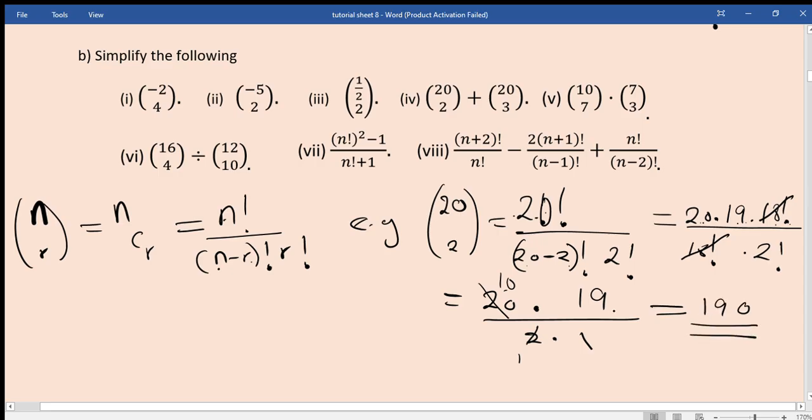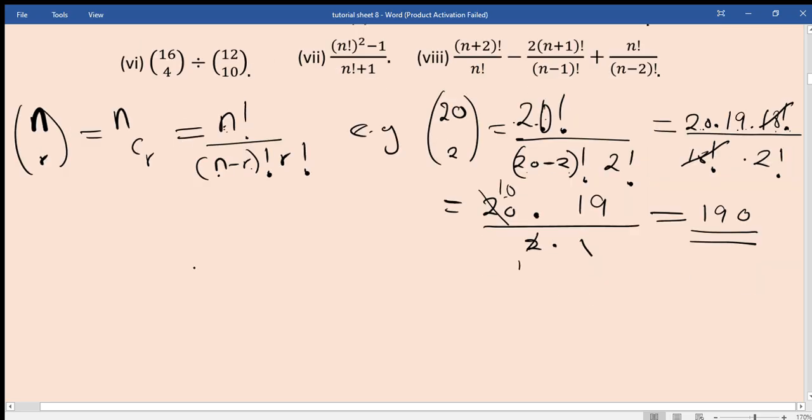As good as that. So this formula only works best when n is positive. If n is positive, then this will work out. But if n is negative or fractional, then the formula you are going to use will be something else.